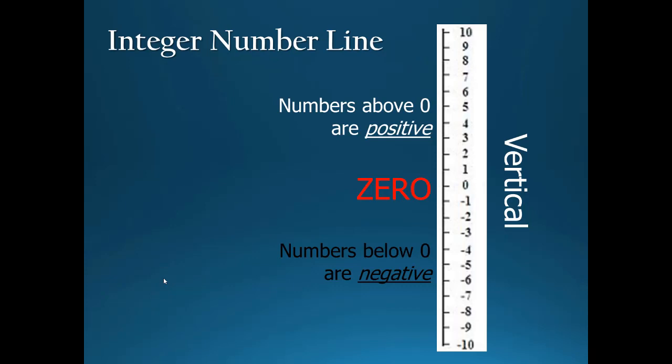How about vertical numbers? The numbers above 0 are positive and numbers below 0 are negative.